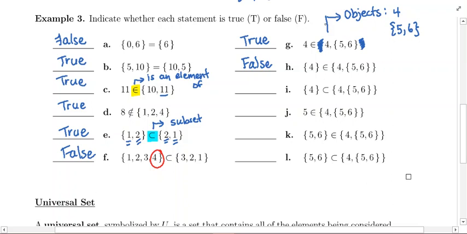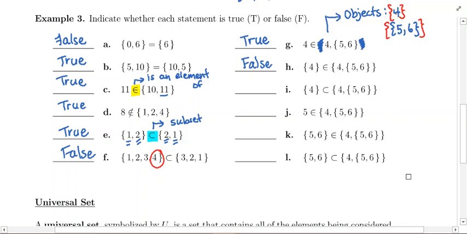Now, if you're trying to figure out if something is a subset, put braces back around the objects. This is not a complete list of subsets, but you can tell the difference between an element and a subset from doing this.